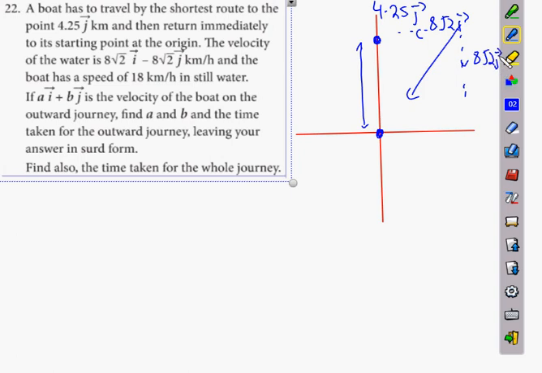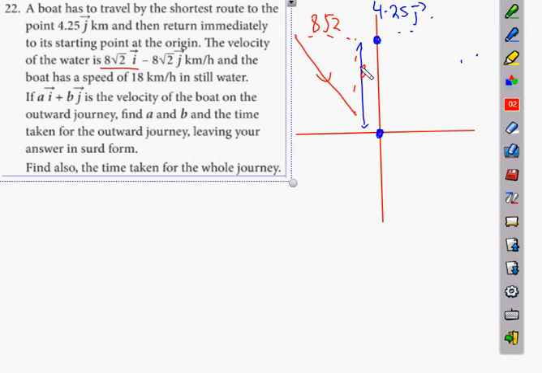Oh wait, no, it's not going left. Sorry, going right, other way. So it's both negative. Actually, it's going this direction here. Plus 8√2 i. 8√2 and 8√2 down. Okay, so.